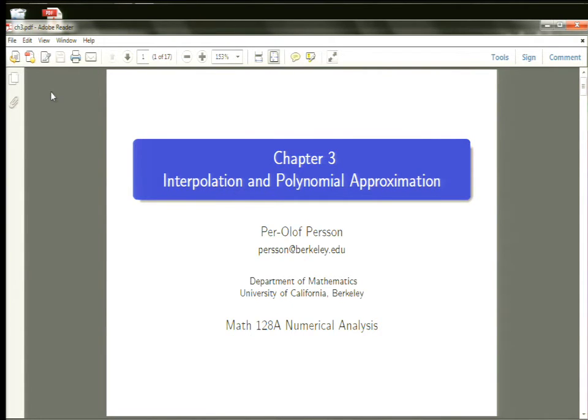Well, it's almost interpolation in a generalized sense. I'm interpolating the function at this point. You could also argue I'm interpolating the derivatives. I found a quadratic polynomial P2 that agrees with e to the x at this point, and it also agrees with its derivative and its second derivative. So it's kind of a generalized form of interpolation.